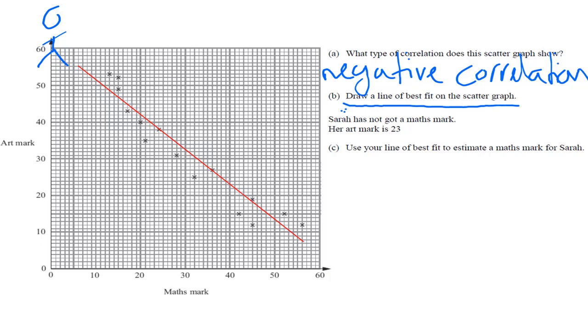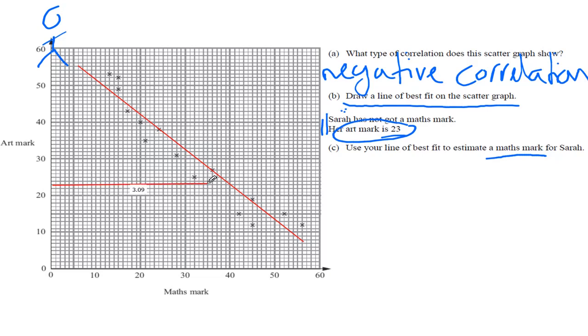Now, to answer part C, it says here, Sarah has not got a maths mark, but her art mark is 23. Using a line of best fit, estimate the maths mark. So remember, the art mark is 23. So I'll locate 23 on the art axis. That's roughly there.